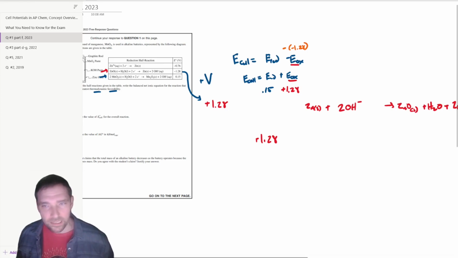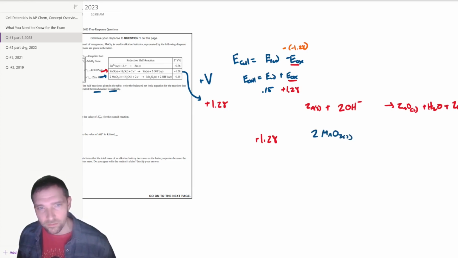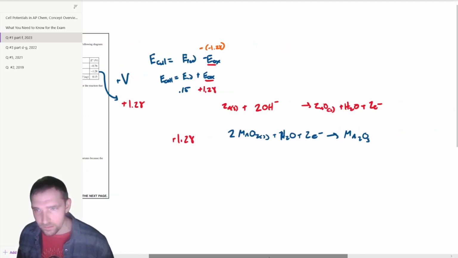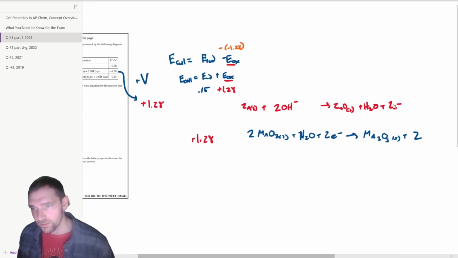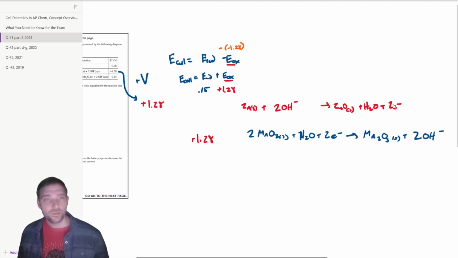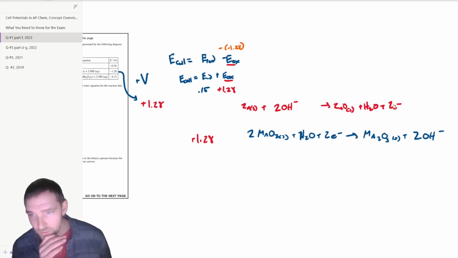Then the other one is easier because you just write it as is. So we've got some water, H2O, 2 electrons, and that will form the Mn2O3 solid, plus 2 OH minus. There are a couple things that get canceled out between the two.